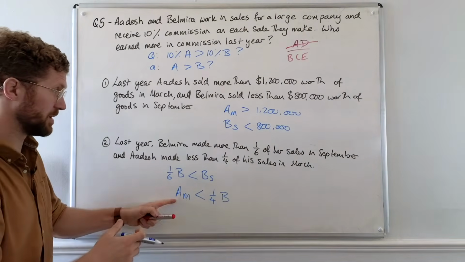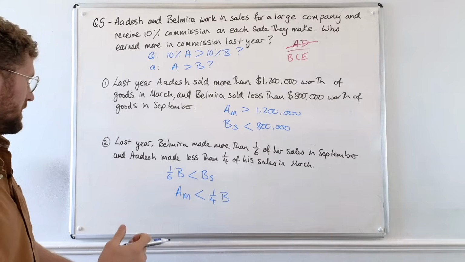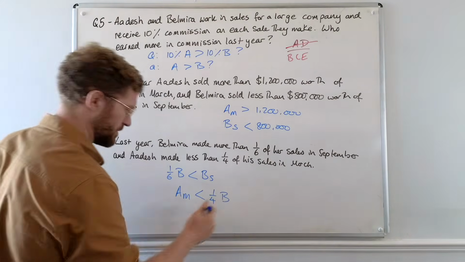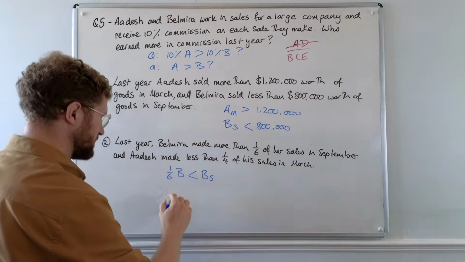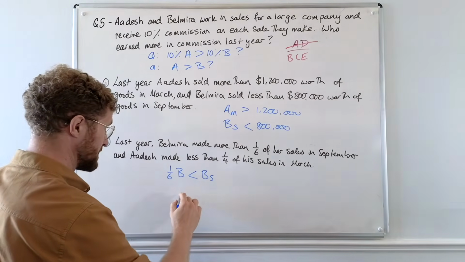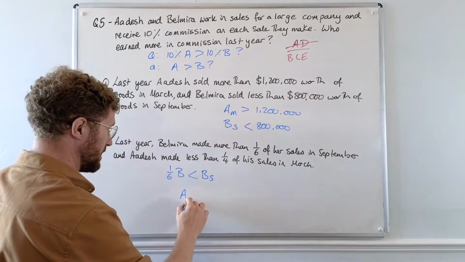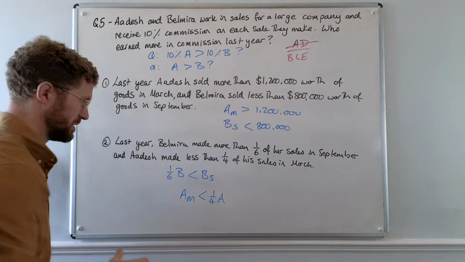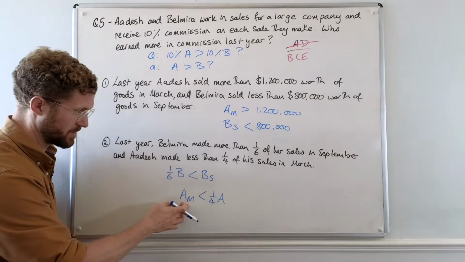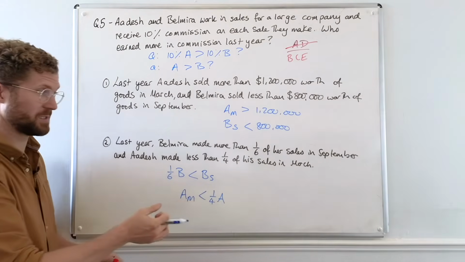Sorry, I've got my letters all muddled up there. Adesh in March made less than 1/4 of his total sales. That makes much more sense.